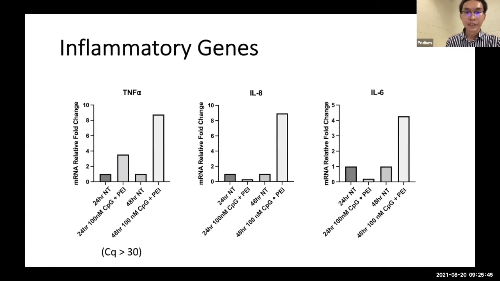And these are the qPCR results of the inflammatory genes. We have TNF-alpha, IL-8, and IL-6, all upregulated, but when we compare these genes to interferon beta, their upregulations are not as significant as what we saw previously.